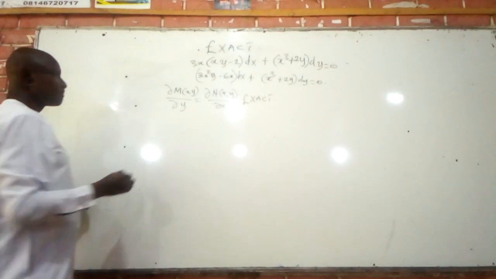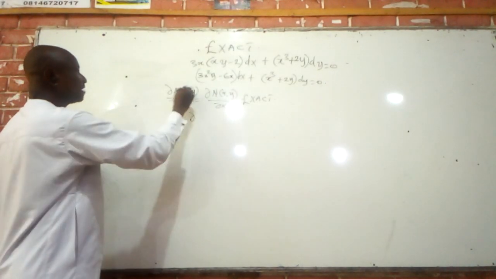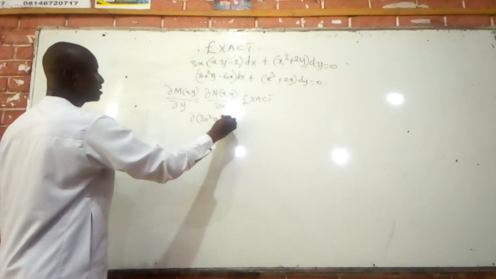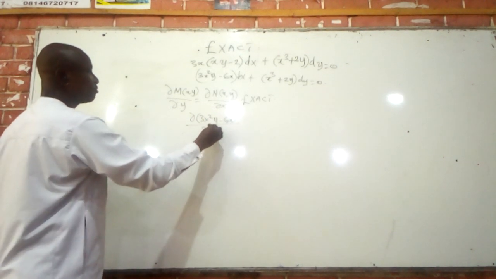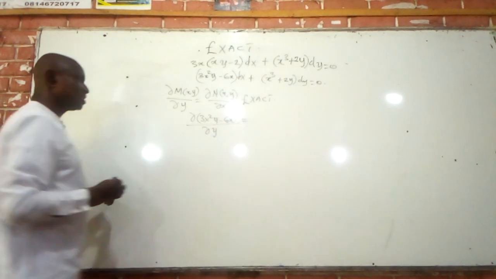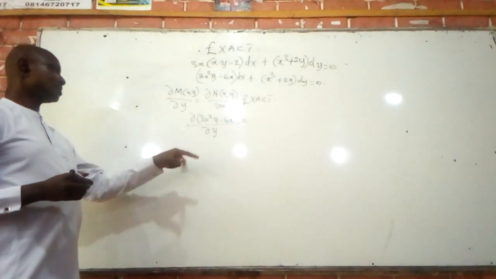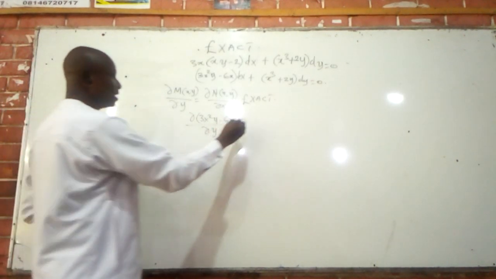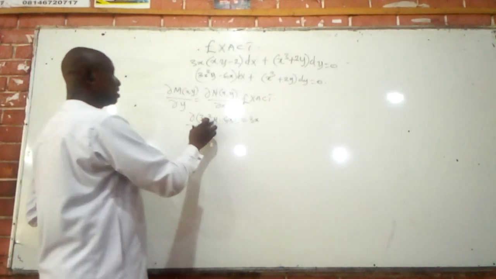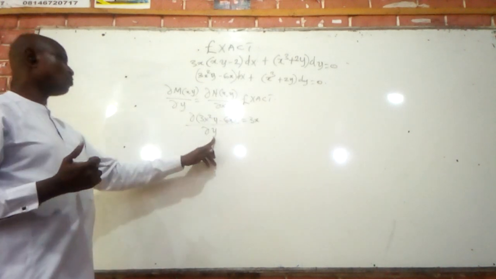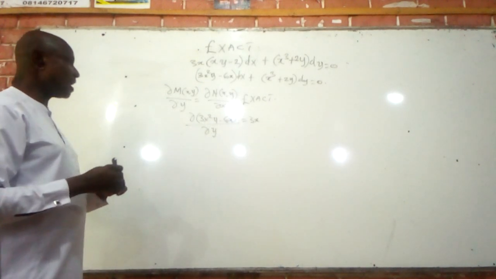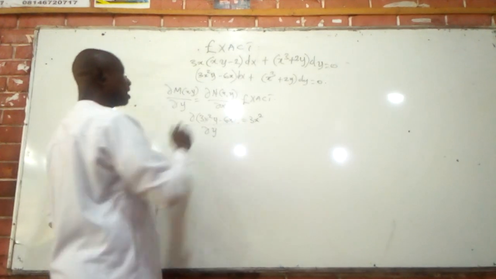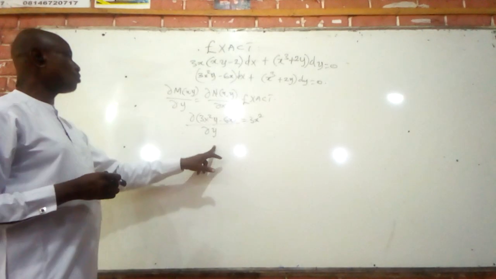Now, the partial derivative of 3x²y − 6x with respect to y: the derivative of 3x²y is 3x², because we are only differentiating y with respect to y, which is 1. Multiplying by 3x² gives 3x². Minus 6x partialized with respect to y gives 0.